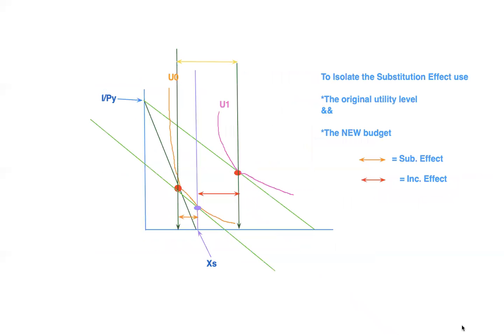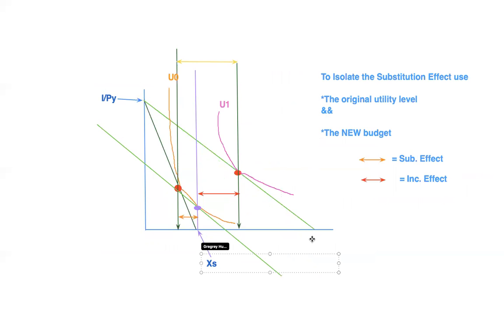So back to our diagram, what we're really saying is the income effect here is isolating this expansion effect of the price decrease. And this is the weird part for a lot of people.